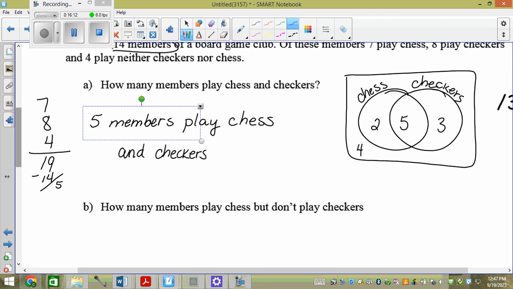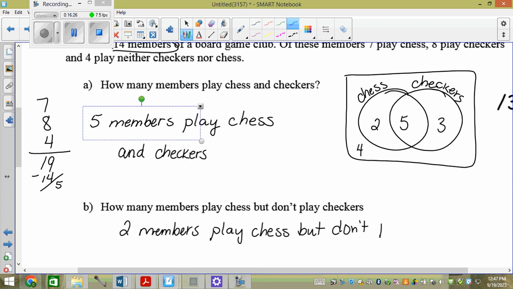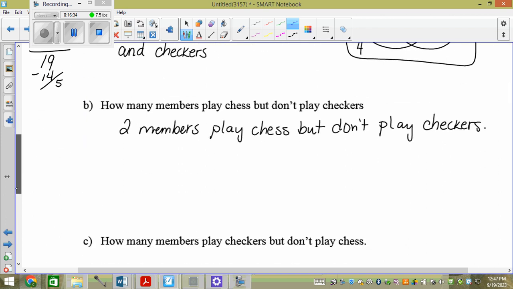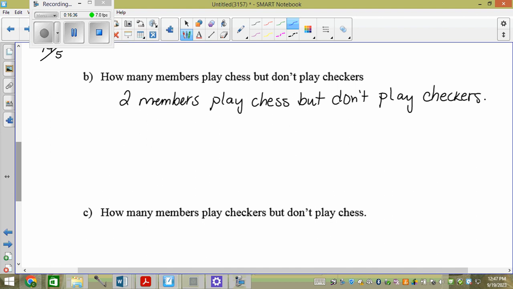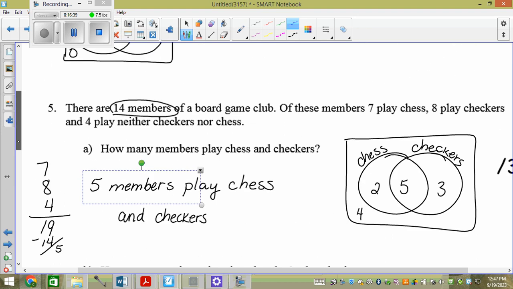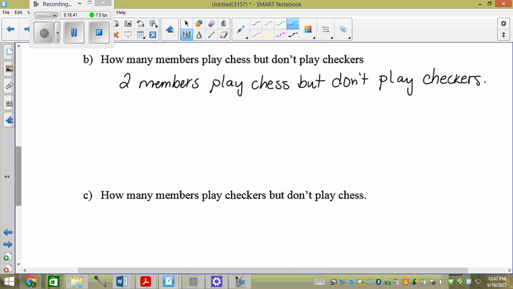Play chess only would be the same thing. So 2 members play chess but don't play checkers. All right. C says, how many members play checkers but don't play chess? How many is it? 3.